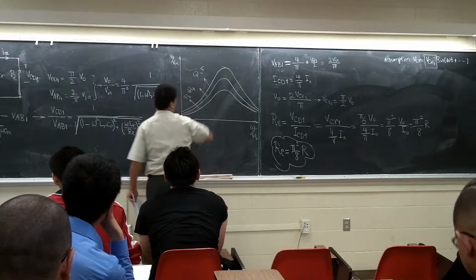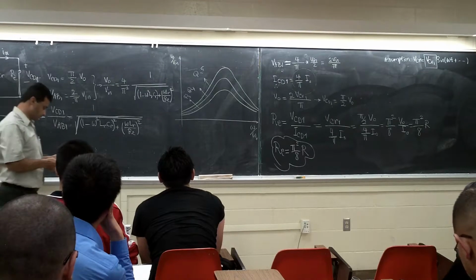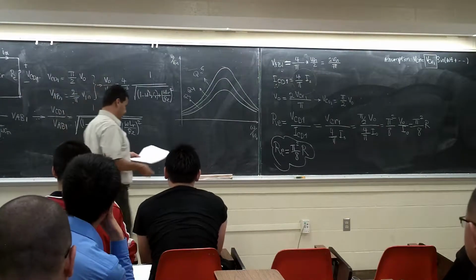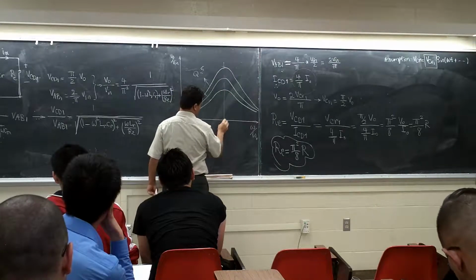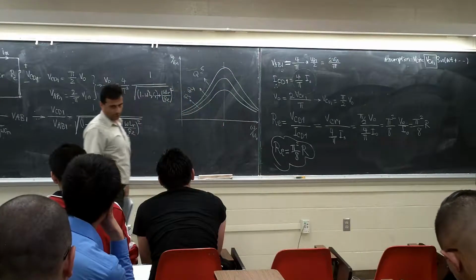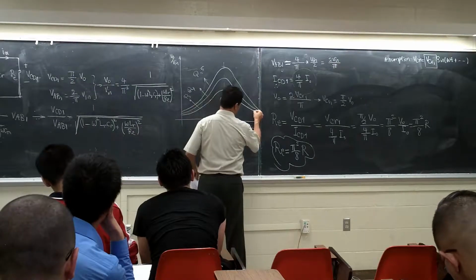This peak, I don't know how much it is. There is some number; we don't know how much it is. Now, this is 1. This is the resonant frequency, right? And if you look at it here, this one can go to 0. This one is going to go down.